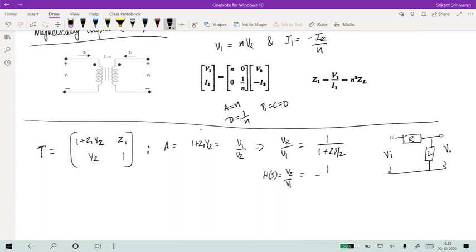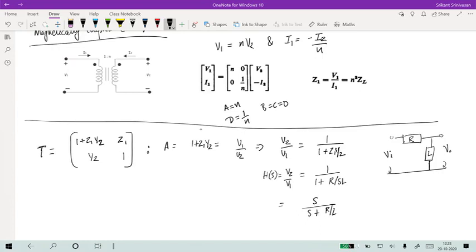That's equal to 1 by 1 plus R, and Y2 represents the admittance. So this is R over SL, because the admittance is 1 over LS or SL, and therefore this becomes SL, or S divided by S plus R by L. Okay.